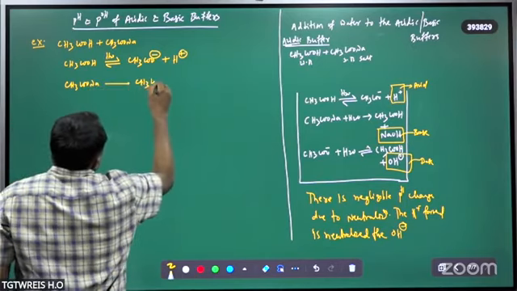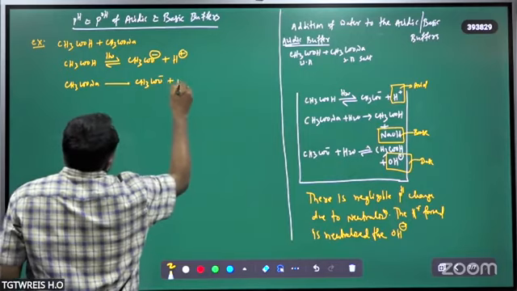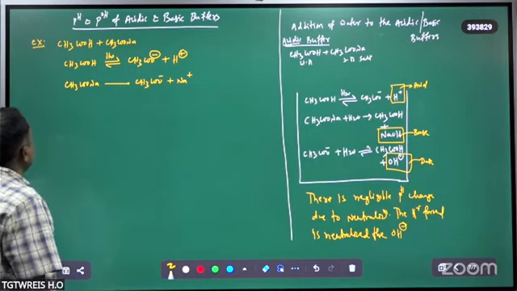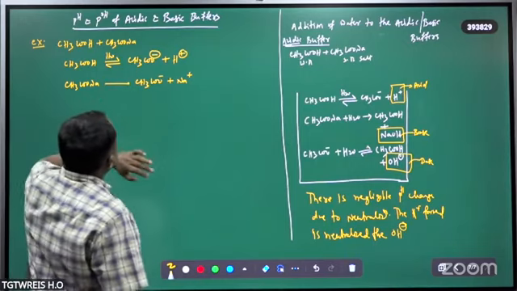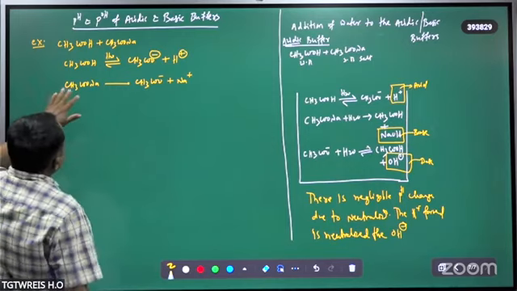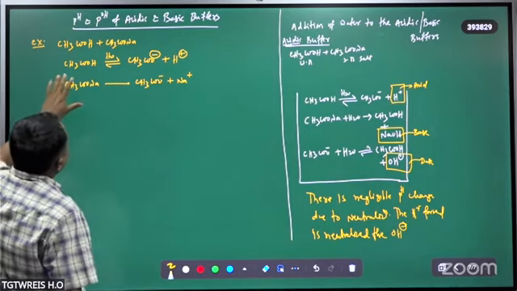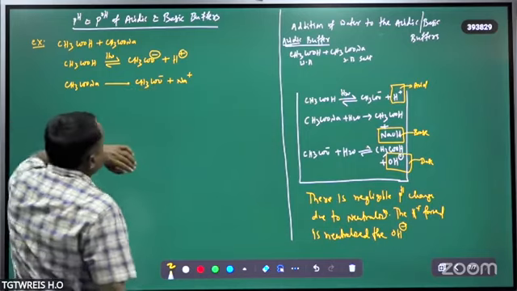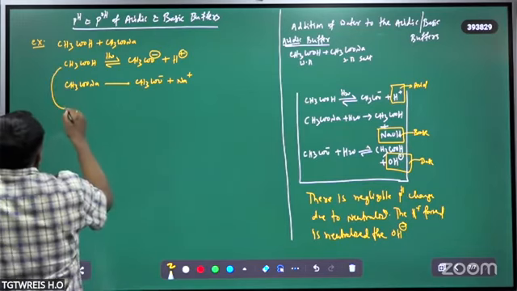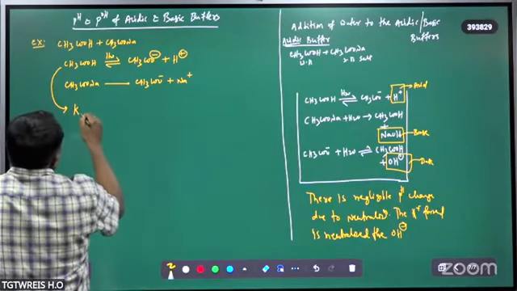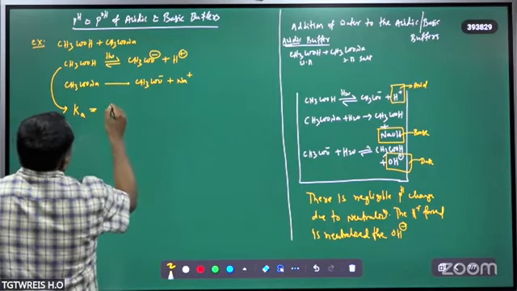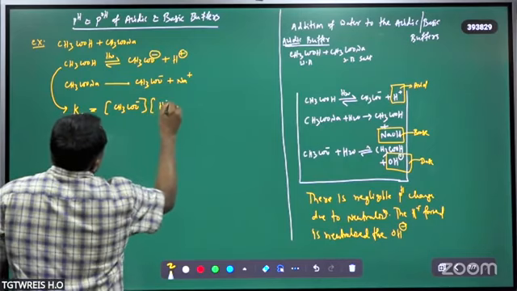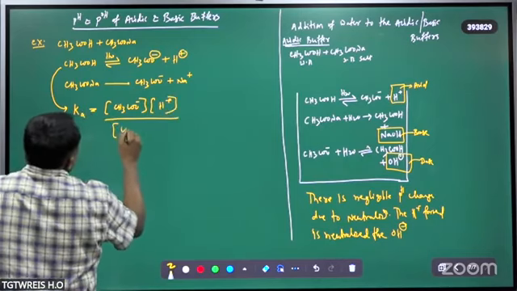CH3COONa is a salt of a strong base, also decomposed to CH3COO minus and Na plus. Suppose for this you write, this is the acid, therefore Ka is equal to CH3COO minus into H plus by CH3COOH.